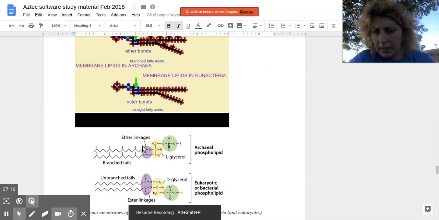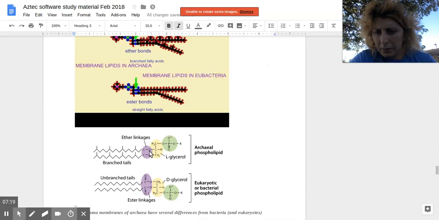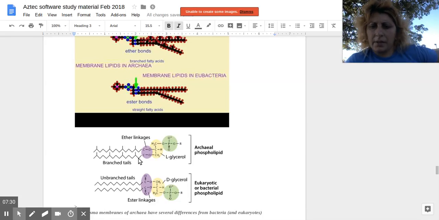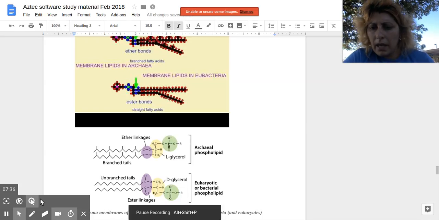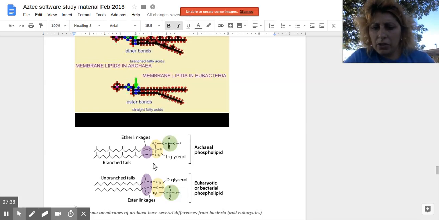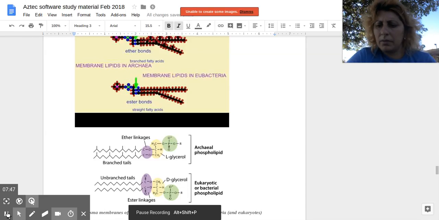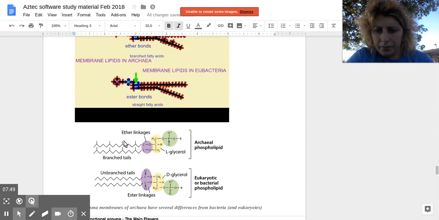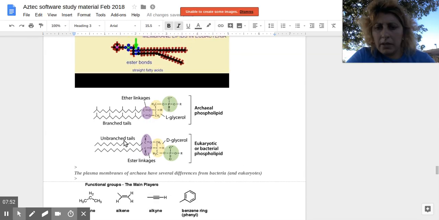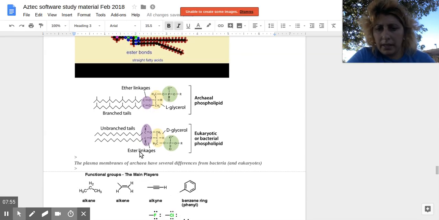So here showing ether with the C-O bonds. These have branched fatty acid tails of the phospholipid. Ester linkages have unbranched tails, and you have a C double bound O and a single bound O. So that's what the ether and ester linkages look like in phospholipids.